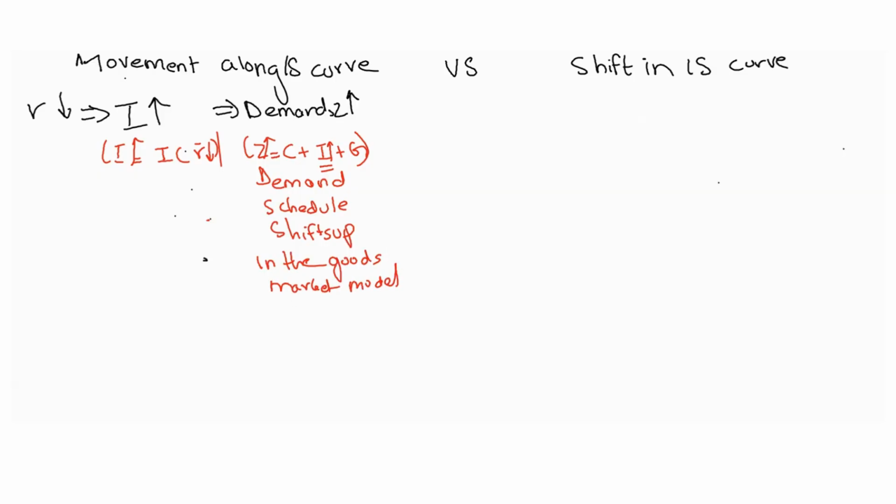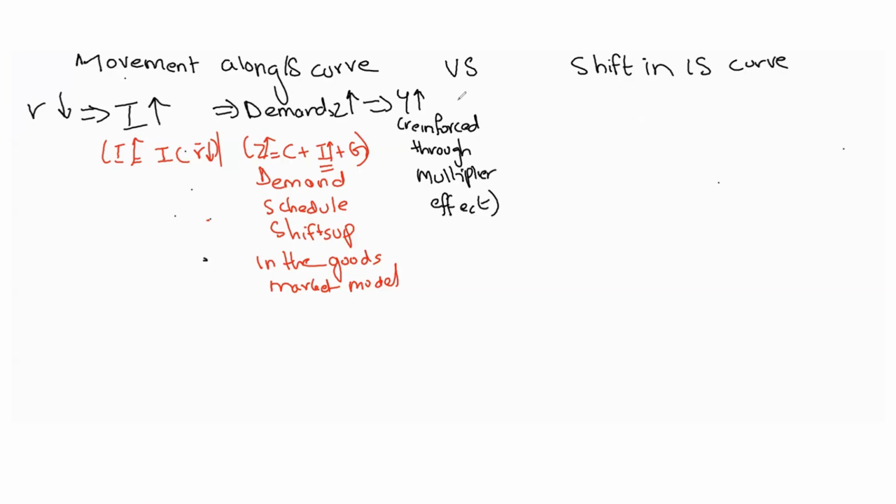And we know in the goods market model, when the demand schedule shifts up, Y increases, which is reinforced through the multiplier effect. So this is the movement along the IS curve. When the interest rate changes, investment changes, the demand schedule shifts upwards and output or income increases.